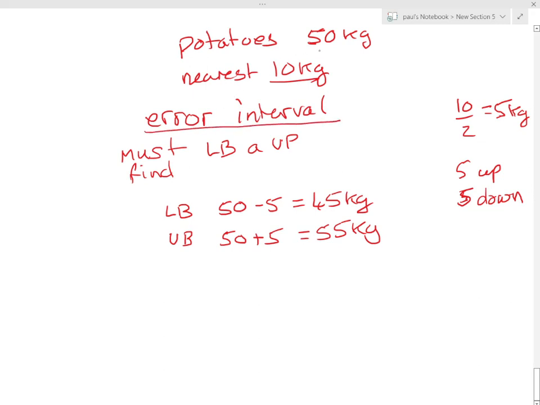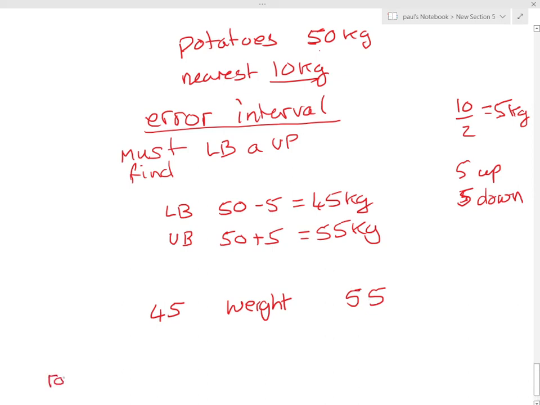So what we do is we put the weight of the potatoes in there, and we've got the lower bound that side and the upper bound that side. So the weight of the potatoes is somewhere in between 45 and 55. We don't know, but that's the minimum it could be, and that's the maximum it could be.